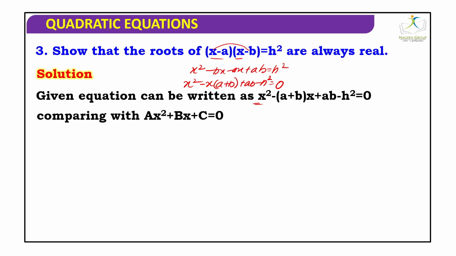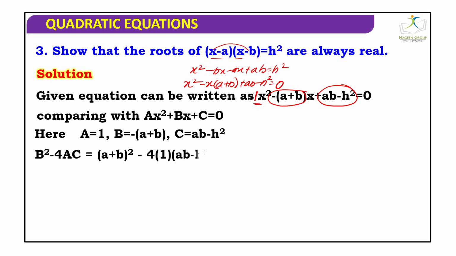Now comparing with ax² + bx + c, the coefficient of x² is 1, the coefficient of x is −(a + b), and the constant term is ab − h², right? So from here we put the values. Now b² − 4ac, for finding the nature of the roots: b is −(a + b), so (a + b)² − 4 times a, which is 1, times c, which is ab − h².